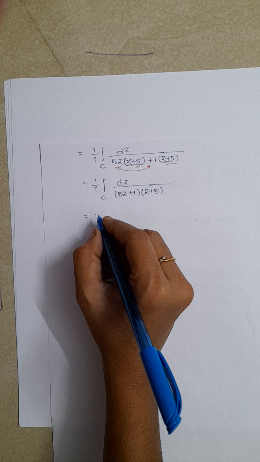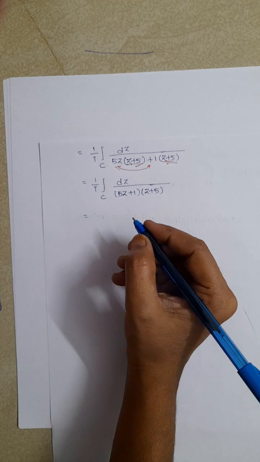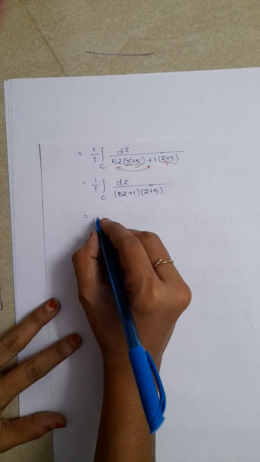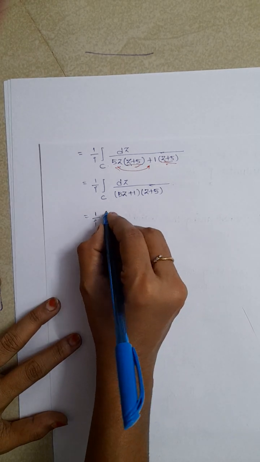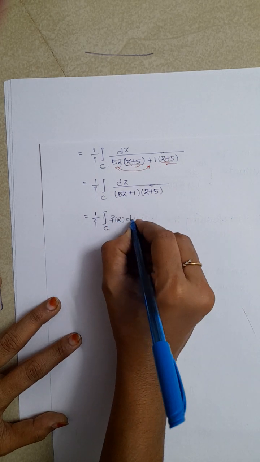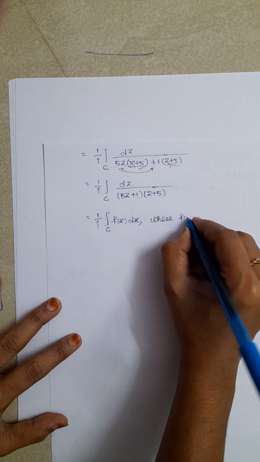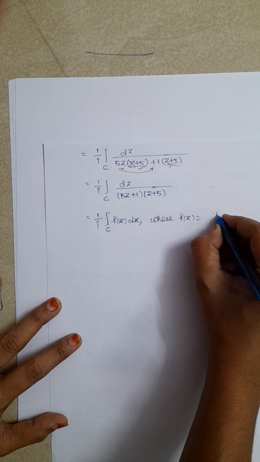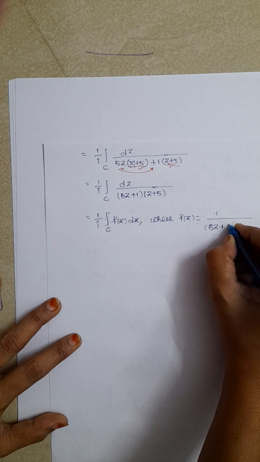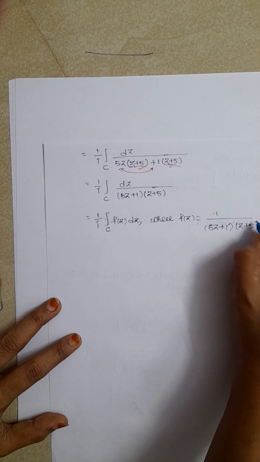So you can write it as 1 by i integral over C f of z dz, where f of z is equal to 1 by 5z plus 1 into z plus 5.